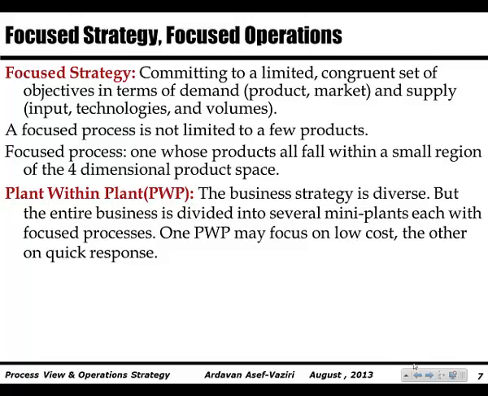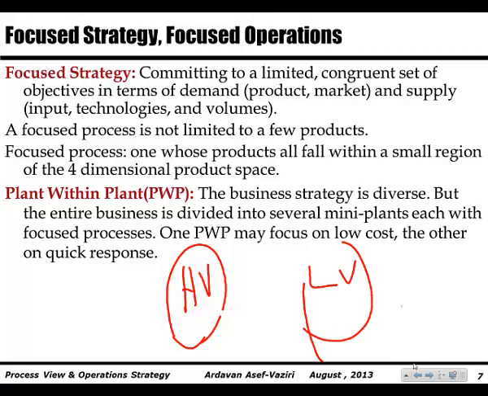We can produce several types of products, some of them at high volume, some of them at low volume. But high volume products should be produced in one plant, low volume products in another plant.